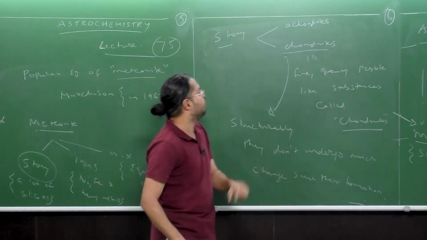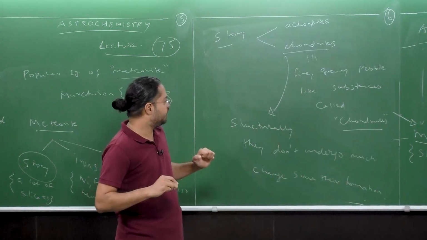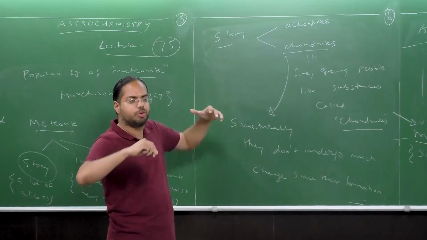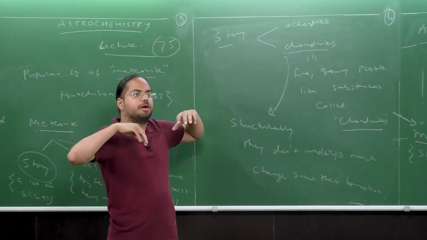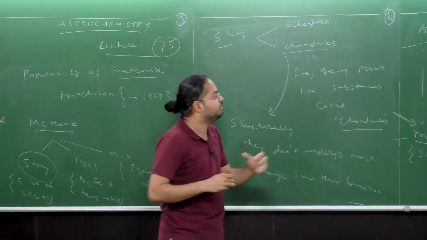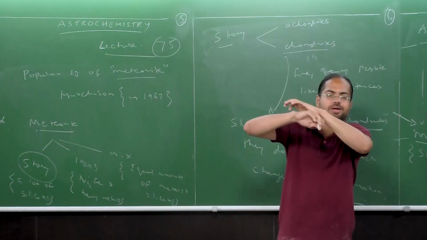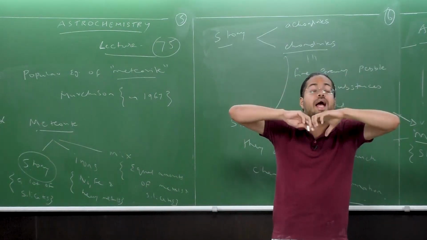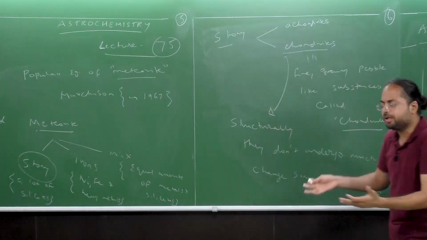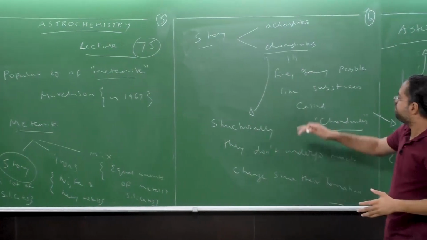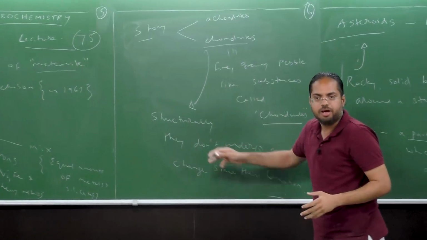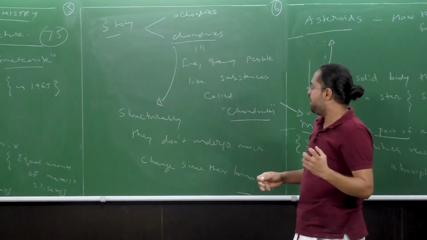So please note this point about the chondrites. Therefore, you can assume that ever since they were generated as interstellar debris until the time when they have fallen on Earth, structural changes are very minimal. So they contain information.